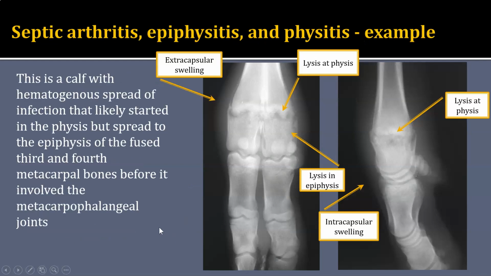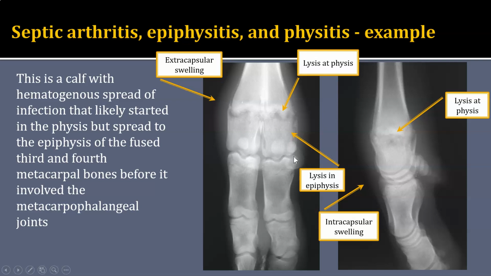Here's an example of a calf that has hematogenous spread of infection that likely went to the physis first. So we have a DP view of the fetlock and a lateral view. We can see areas of lysis associated with the physis and areas of lysis extending into the epiphysis, quite a bit of soft tissue swelling.